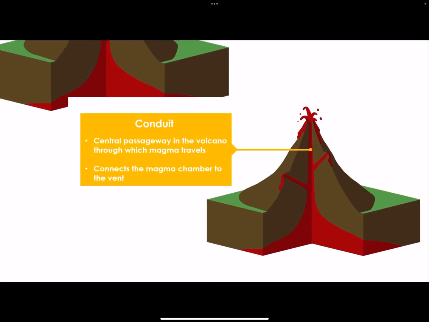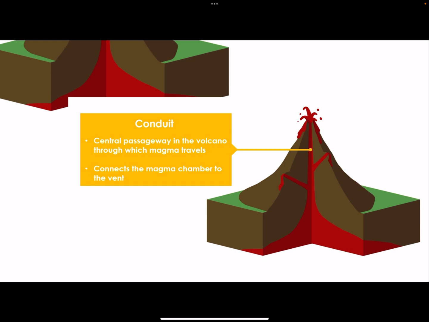Conduit, which we mentioned earlier, is also known as the pipe in some of the other guidebooks or notes or even online resources. It's the central passageway, the main passageway that connects the magma chamber, which is below the volcano, the source of all your problems, with the vent and outwards to the crater.